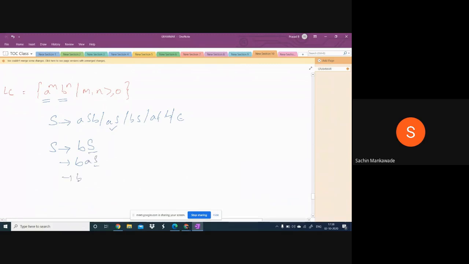Then in S place, this time I'll take bS, then aS, then bS, then aS. So you are getting b's followed by a's followed by b's followed by a's. What is the language here? Any number of a's followed by any number of b's. After b, again a should not come. So this is not correct.